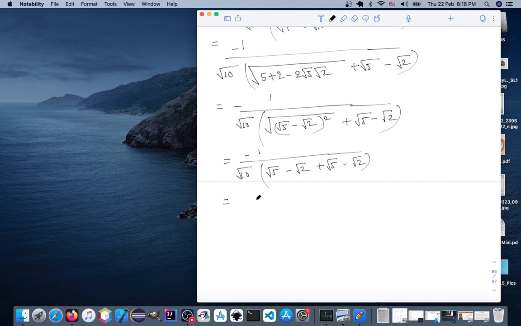This is minus twice root 10 into root 5 minus root 2. If we rationalize the numerator, we get minus root 5 plus root 2 divided by 2 root 10 into 5 minus 2.